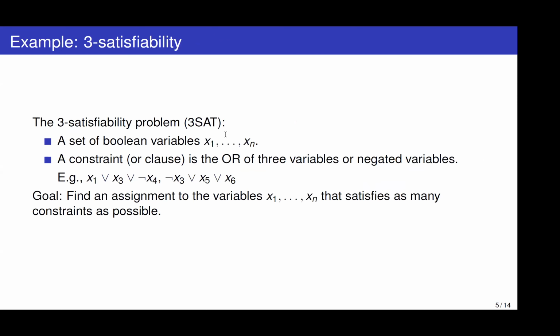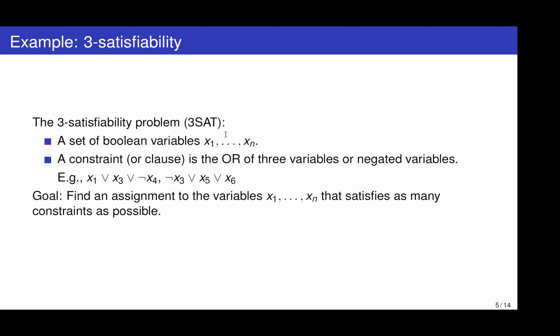A canonical example is the 3-satisfiability problem, where we have a set of Boolean variables, and a constraint is simply the OR of 3 variables or negated variables. For example, we can have the constraint x1 or x3 or not x4, or the constraint not x3 or x5 or x6.